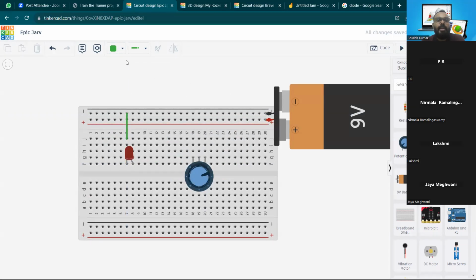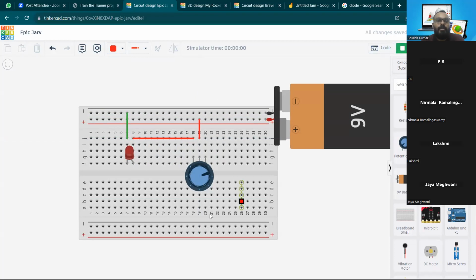This is a simple, neat and clean circuitry. I'm connecting the center to the positive, and taking the red wire and connecting this particular pin to this particular pin. Now the circuitry is perfect. If I hit the simulation, it will increase its intensity as it goes further.